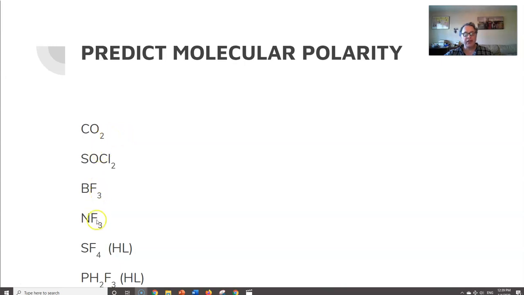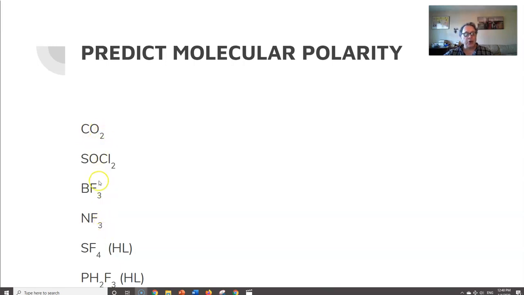I'm not asking you to predict the actual dipole moment. I'm just asking you to go through this analysis and tell me whether each of these molecules is expected to be nonpolar or polar, the molecule itself, and you should also have a justification for why that's true.